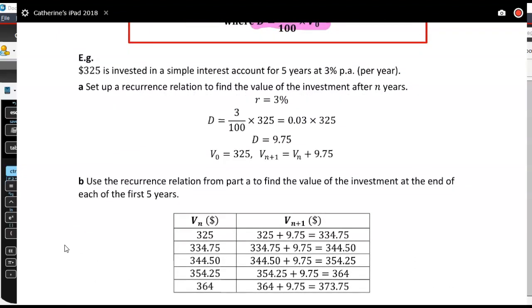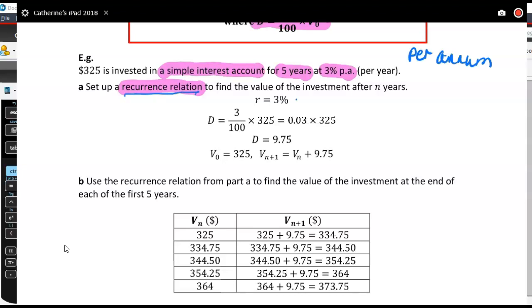$325 is invested in a simple interest account for 5 years at 3% per annum. So PA is per annum, and that means per year. Set up a recurrence relation to find the value of the investment after N years. So we have to have a recurrence relation that's general enough to find it after N years.